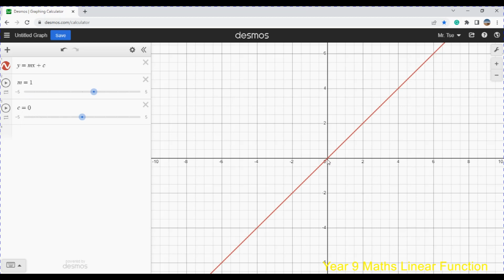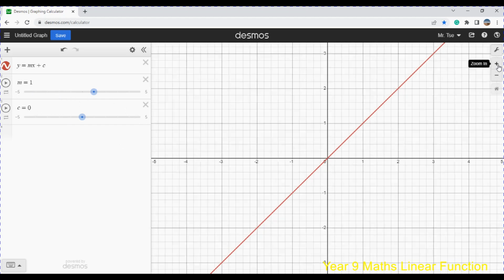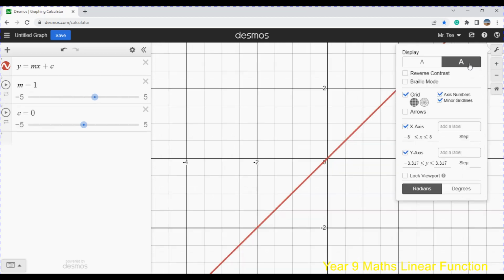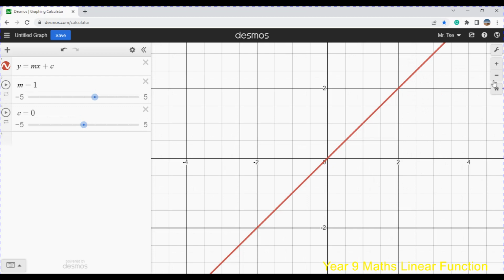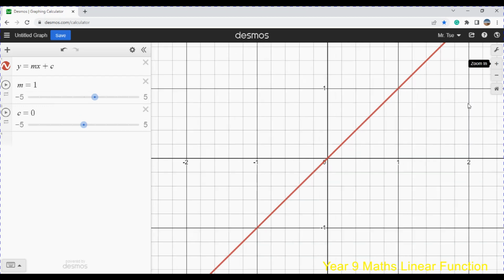That's why the line is passing through the origin, and the gradient is 1. How can you know the gradient is 1? You can see the rise over run. I might just zoom in a little bit so it's easier to see. That's too much. All right, so I make the letters bigger.